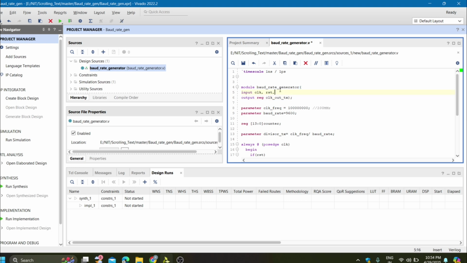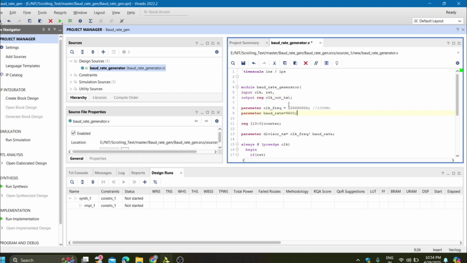So what we are doing here is taking the input clock from the board, meaning the internal clock of that board, as the input, and we are converting it into some clock which we are going to use either on the transmitter or on the receiver side. So that's about input and output.